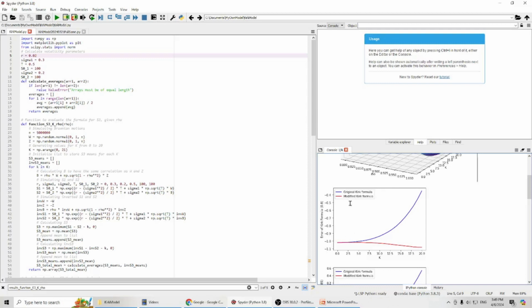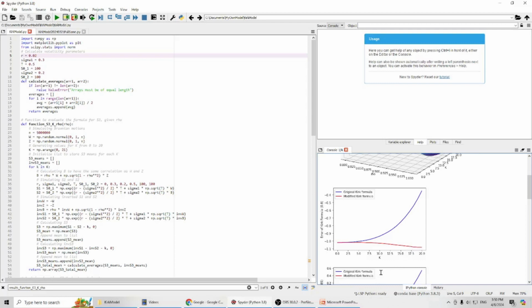You can see this is the error of the original Kirk formula, shown like this, and the modified Kirk formula shown like this. You can see when the correlation is low, 0.8, it shows like this, and basically the error for the modified Kirk formula is quite stable.